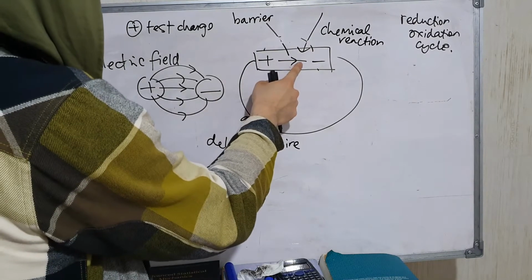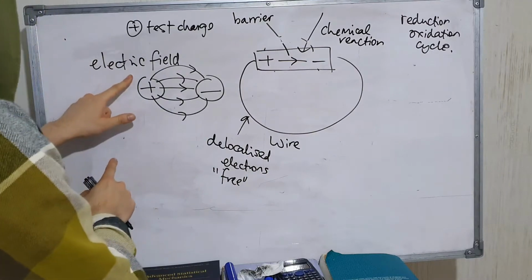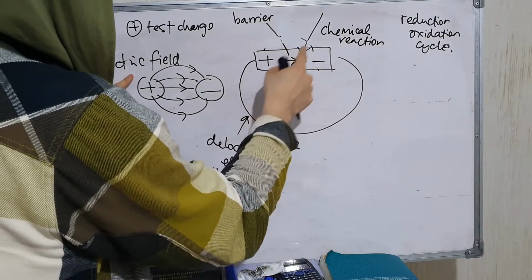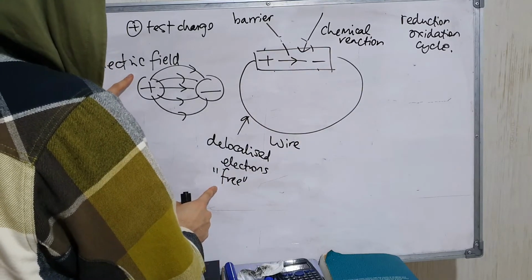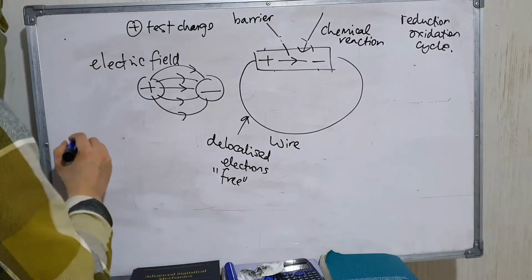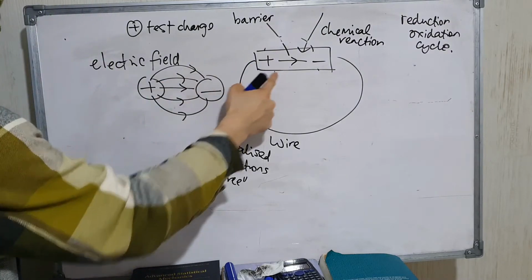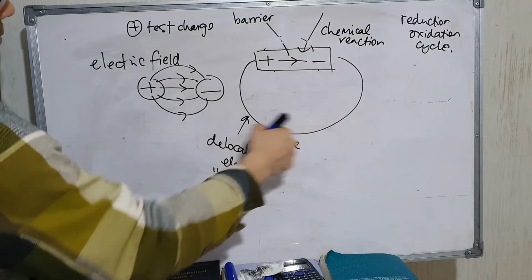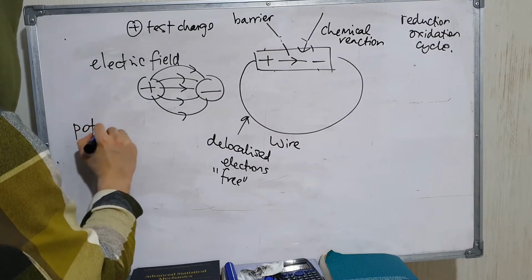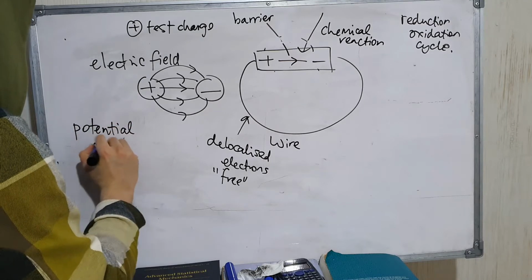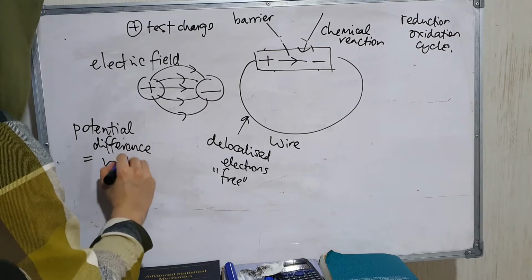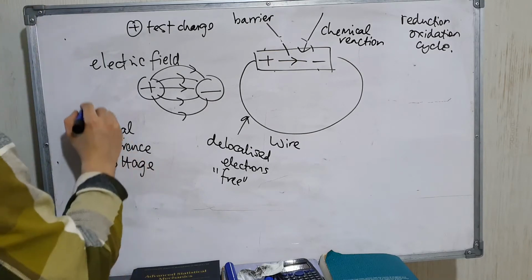If you have an electric field and you've got some charges inside, the electric field can make the electrons move. So that's basically a current. So the electric field inside this battery is making the electrons move inside the wire. So that is a potential difference. So the potential difference is voltage. It's measured in volts.